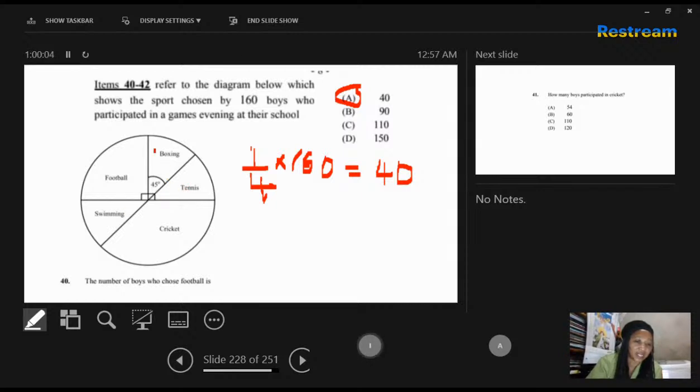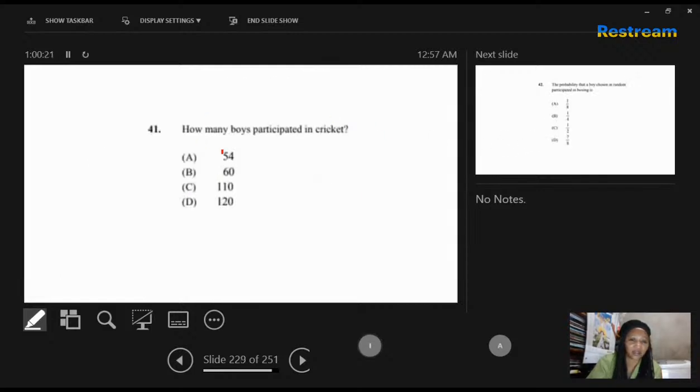All right, focus on this here. This is 45, this is 45, right? Yes, miss. And these two make a straight line. So cricket would be 180 minus 45. So 180 minus 45 is what?